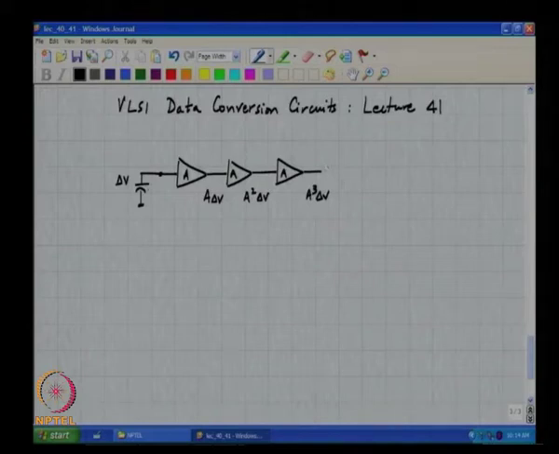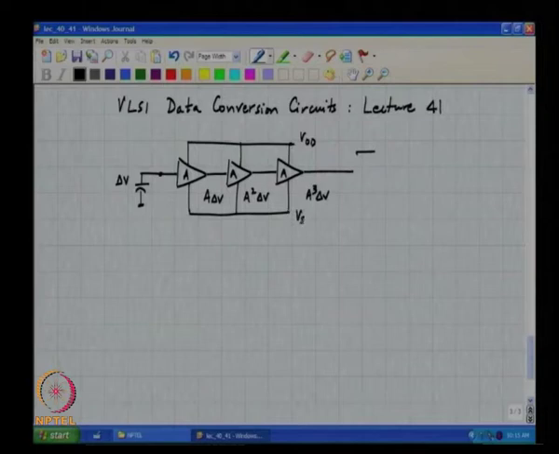So in this particular example, if there are 3 amplifiers and delta V is sufficiently large, the output voltage will reach a logical level, which is either VDD or VSS, because these amplifiers cannot go on producing output voltages which exceed the supply voltage.